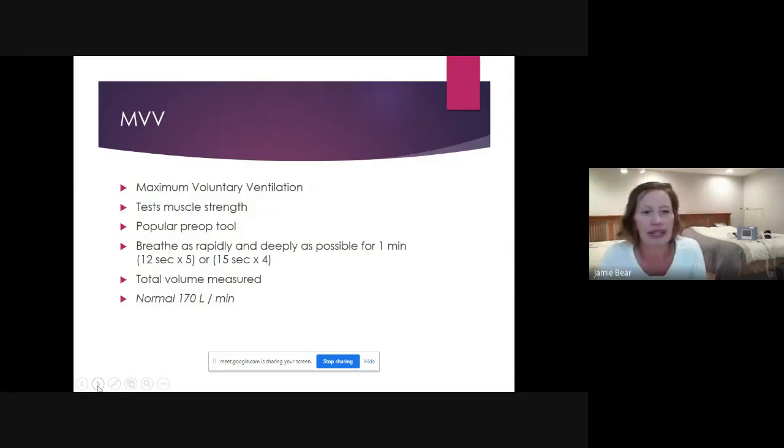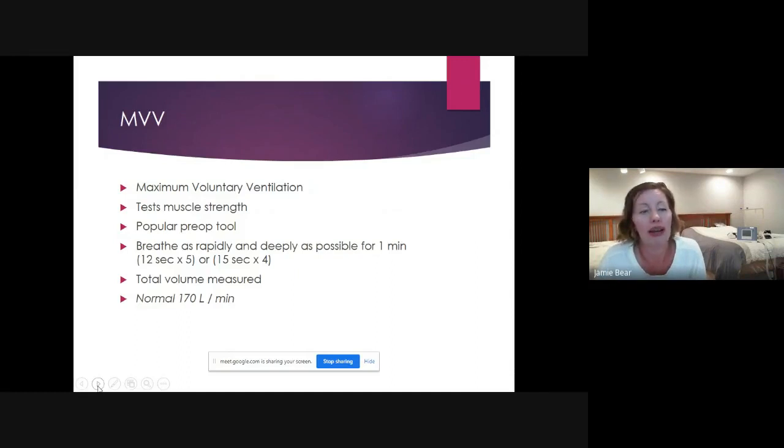What it does is it has the patient just on a spirometry breathe as rapidly and deeply as possible for 1 minute. Now that would make somebody pass out if they did it for a full minute. So you could do 15 seconds and multiply by 4, or 12 seconds and multiply by 5 to get that 1 minute response. And then that'll look at the total volume measured.